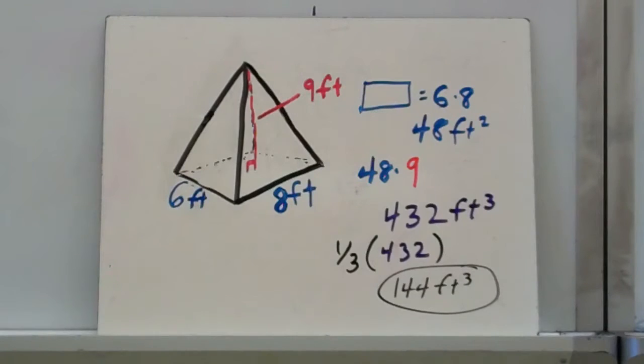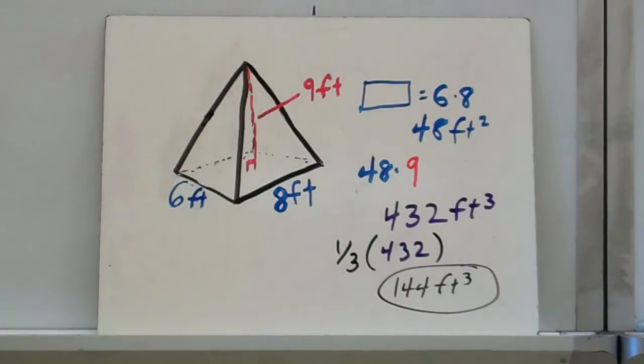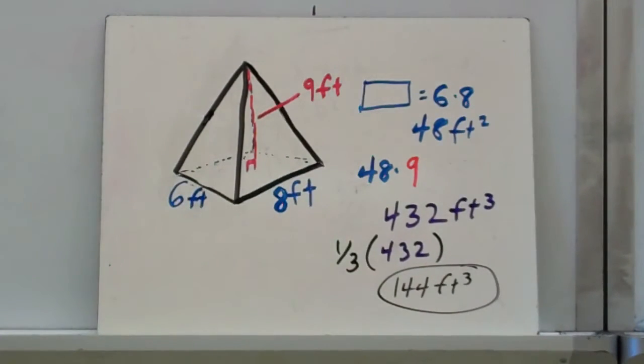So for an example, we'll start off with a rectangular base pyramid. Okay, we have a side length of 6, a side length of 8, and then a height of 9 feet. So we find the area of the base, so 6 times 8, which is 48 feet squared.